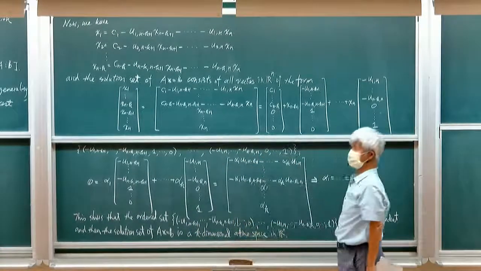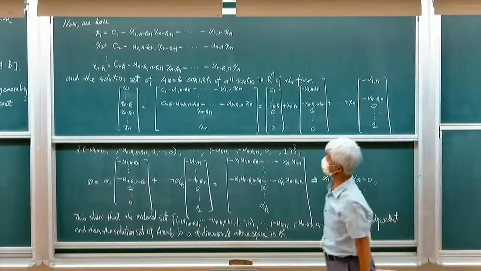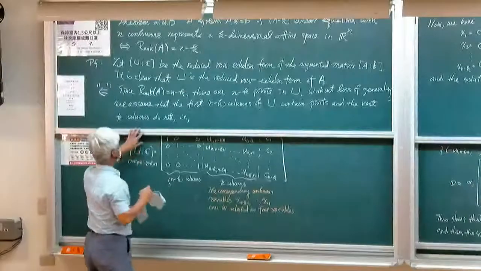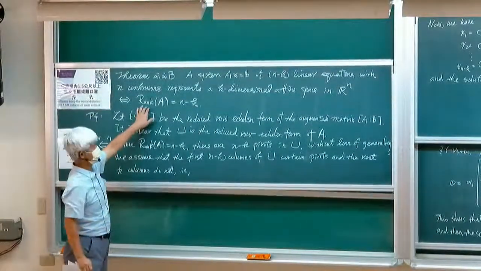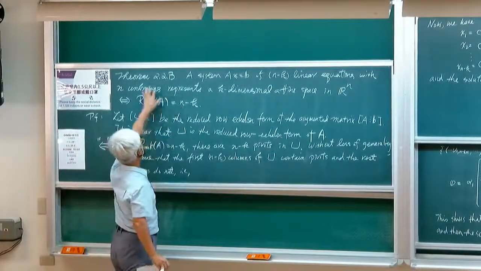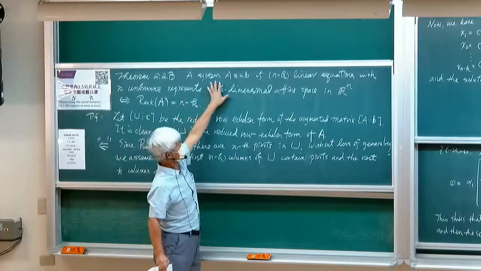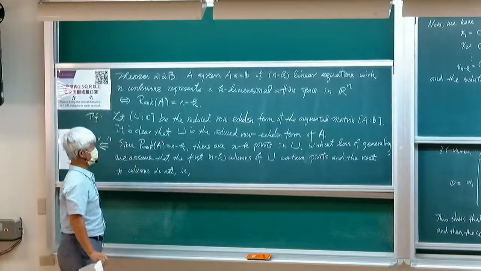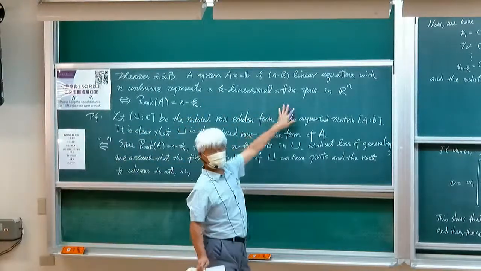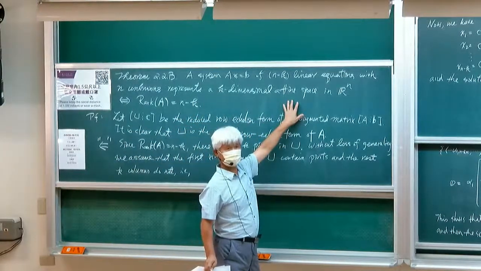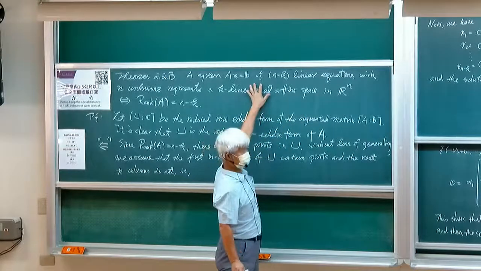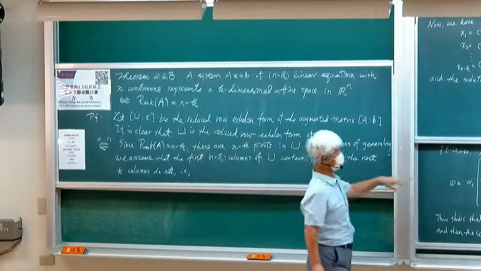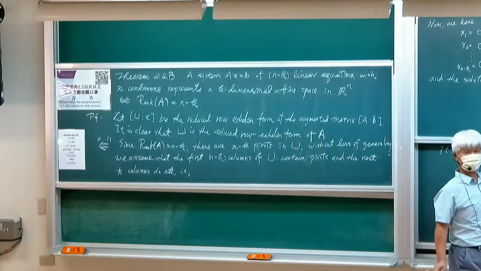This is the reverse part. So we have proved that if the rank of A is n minus k, then this linear system represents a k-dimensional affine space, because the solution space of this linear system has this parametric representation here.